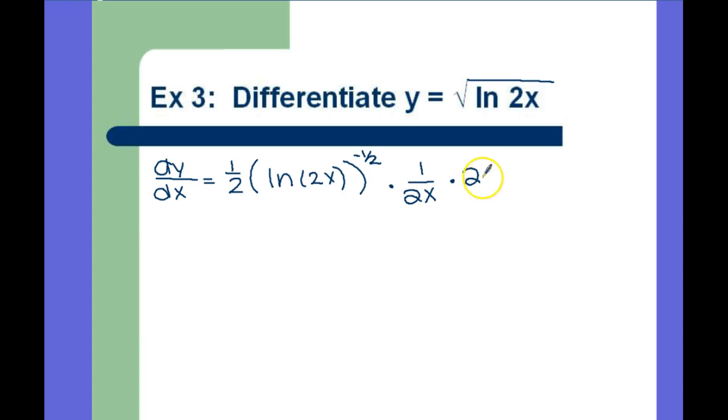So look what happens. Your 2's cancel. This negative 1/2 would drop to the denominator with our 2. So it would be 2 square roots of natural log 2x. And then the x would also stay in your denominator. So it'd be 2x, and your numerator would just be a 1. That wasn't bad.